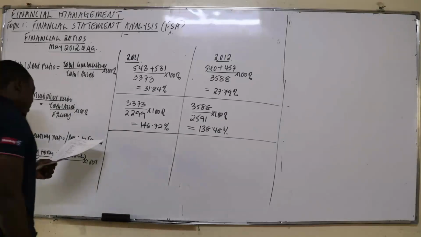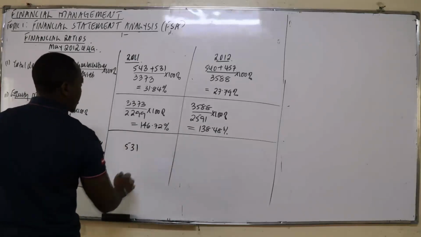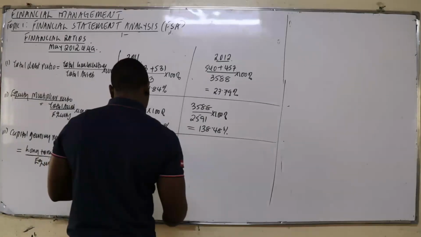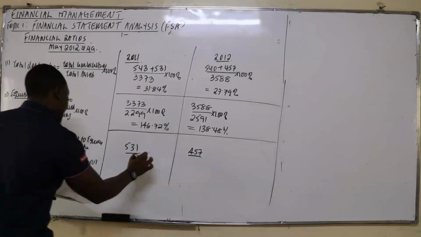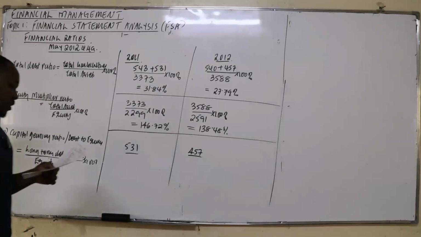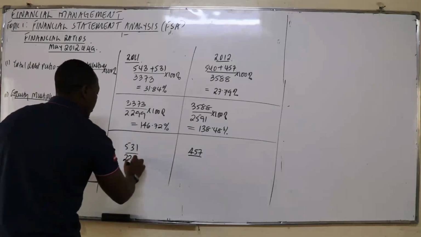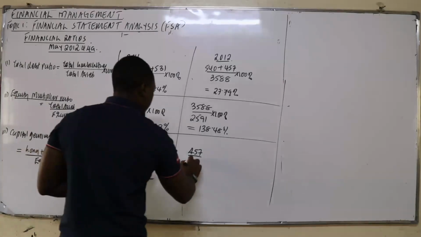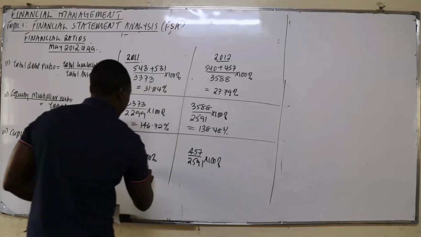Now, in the statement of financial position, we have long-term debt. For 2011, you have 531. And the other year, 2012, we have an amount of 457. Then you divide by the equity. So you have the owner's equity, the common stock, and the retained earnings, and the total is 2299, then times 100%, and for the other year 2591 times 100%.